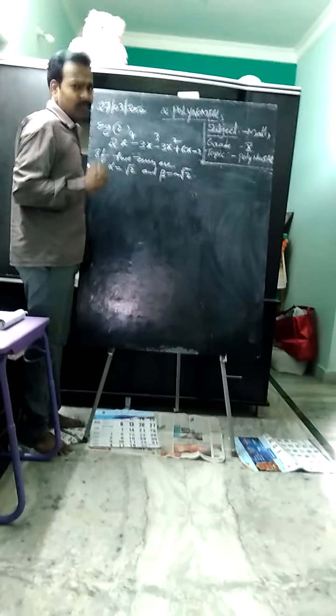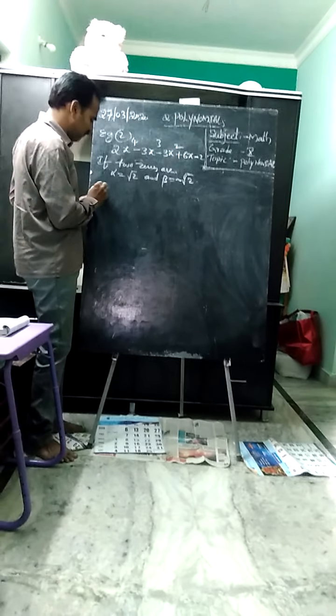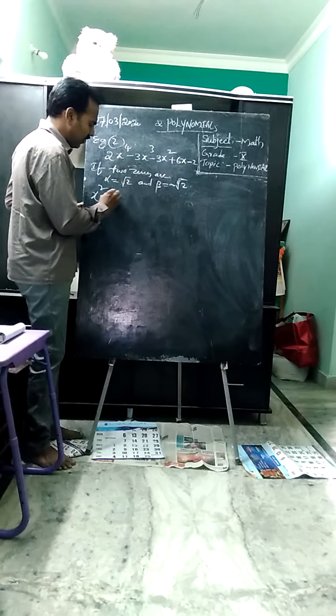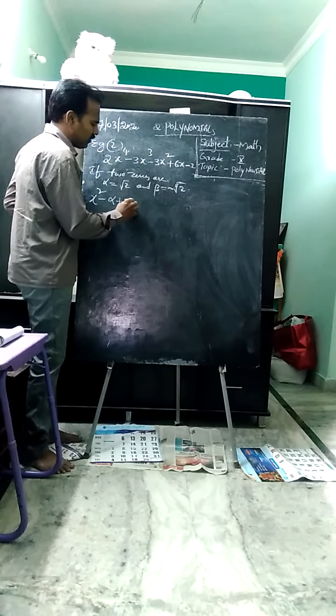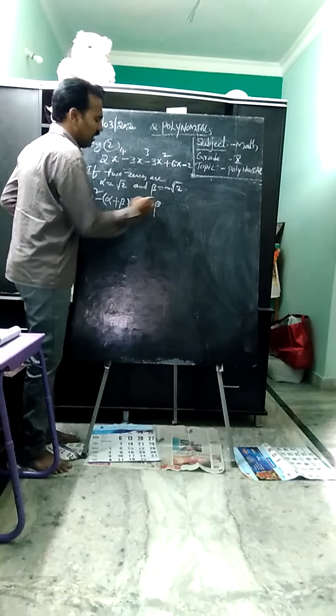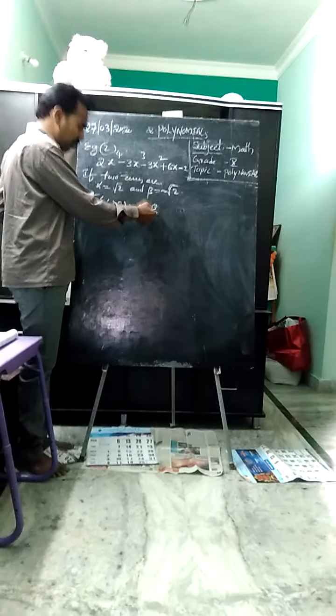As we discussed in the previous class, the standard form of a quadratic polynomial when alpha and beta are zeros is x square minus (alpha plus beta) x plus alpha beta. Here alpha plus beta is the sum of zeros, alpha into beta is the product of zeros.